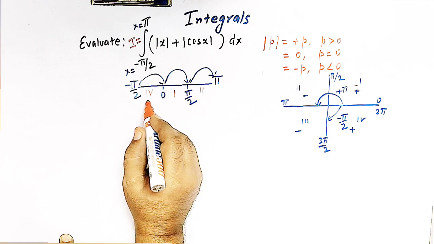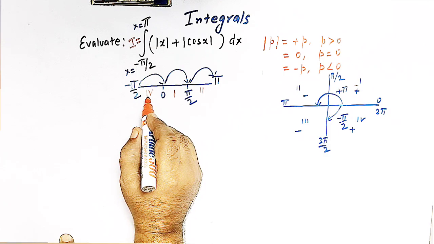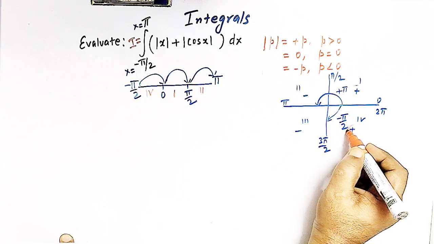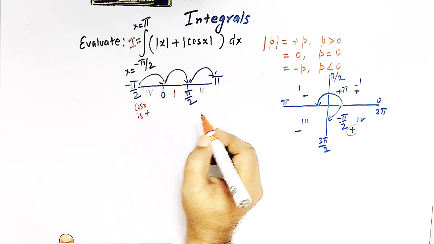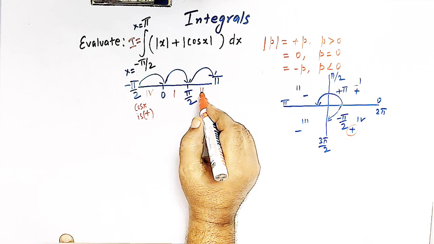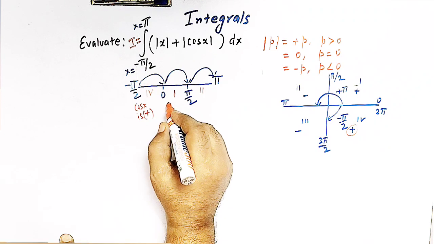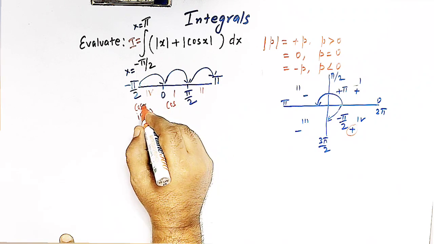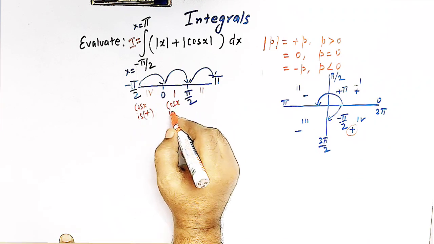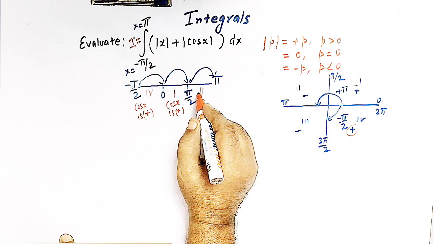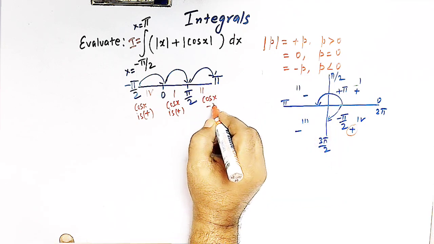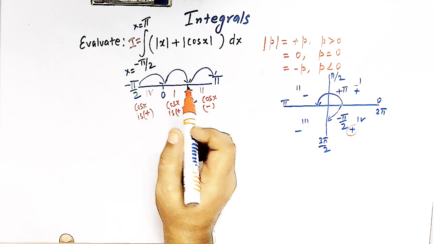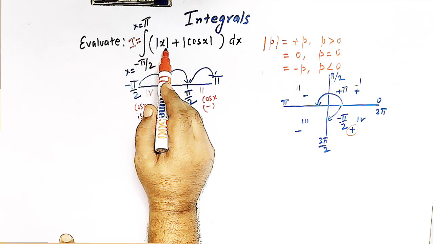Remember, when we are in the fourth quadrant, the cosine function is positive, cos x is positive. When we are in the first quadrant, the cosine function is positive, and when we are in the second quadrant, the cosine function is negative. And here we have mod of x.